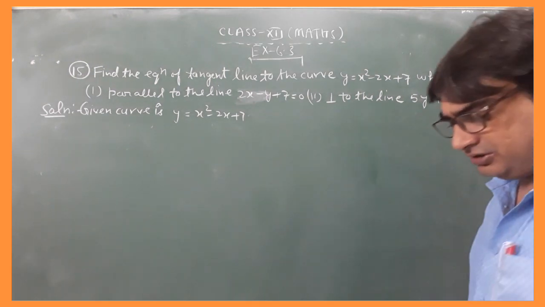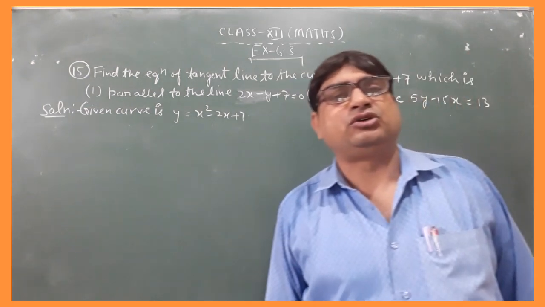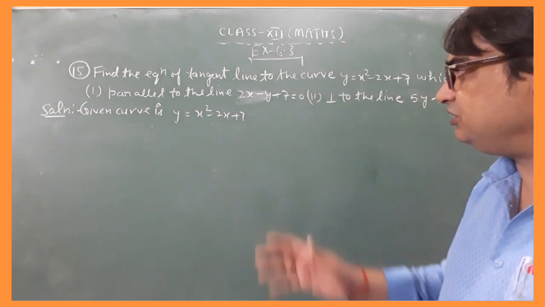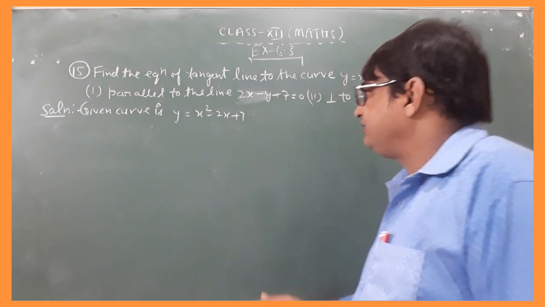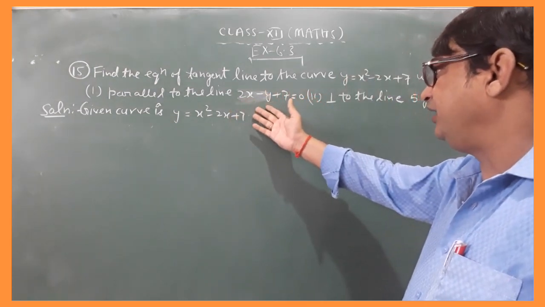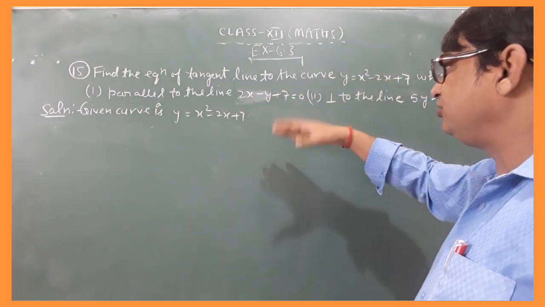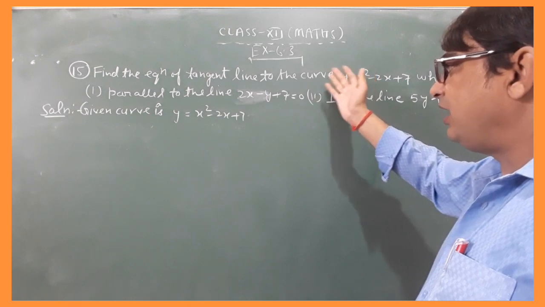Given curve is this. The question is how you can solve it. Since it is given that the equation of tangent is parallel to the line, firstly differentiate the curve and we get the slope of the curve.